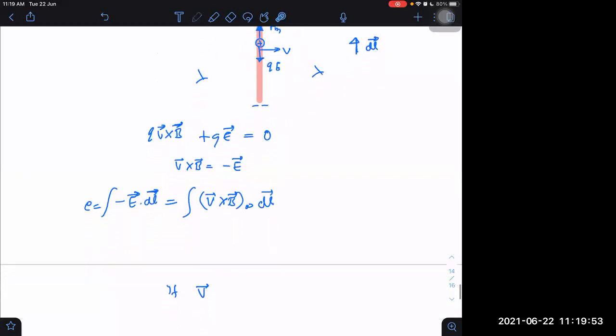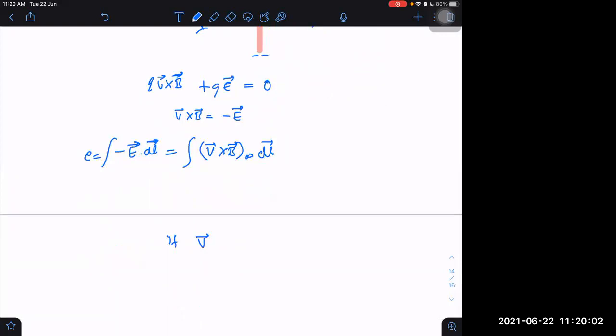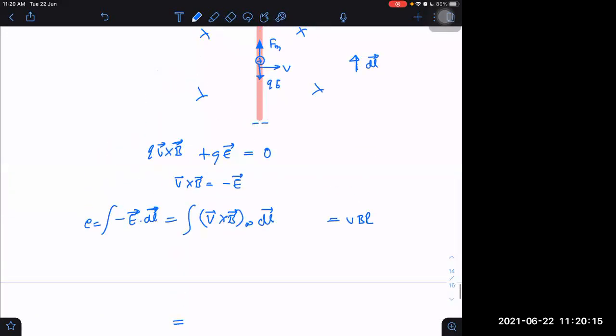Now, you tell me what would be the value of EMF finally? In this case, VBL. Let us say it is L only.